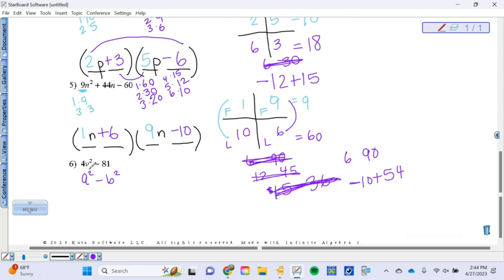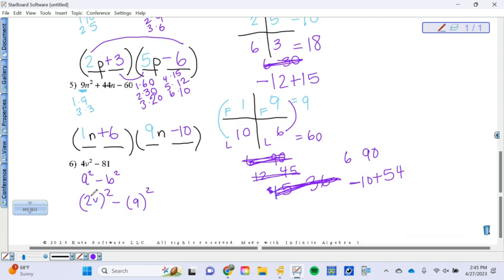So 4v squared is like 2v squared. And 81 is also a perfect square. What's the square root of 81? 9. 9 squared. So this is a squared minus b squared.